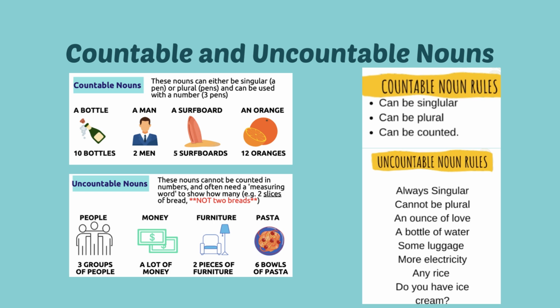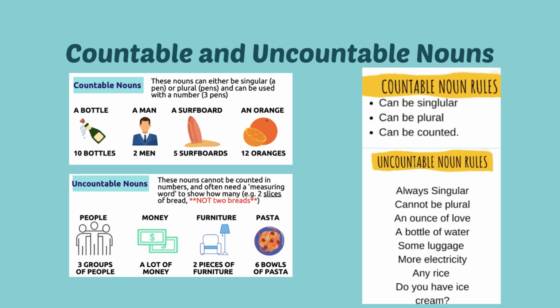How about some more examples of uncountable nouns? People. You cannot say, there are 3 peoples. No, you have to say 3 groups of people. Money.